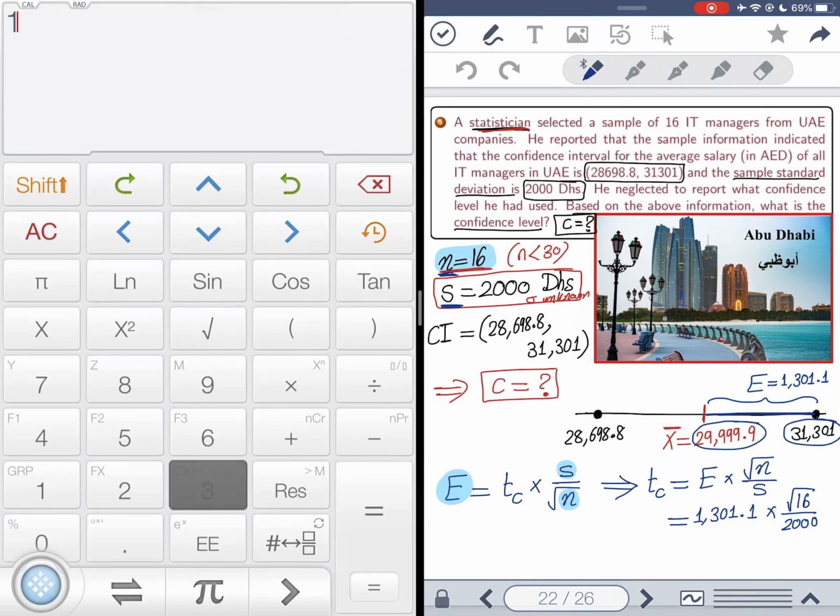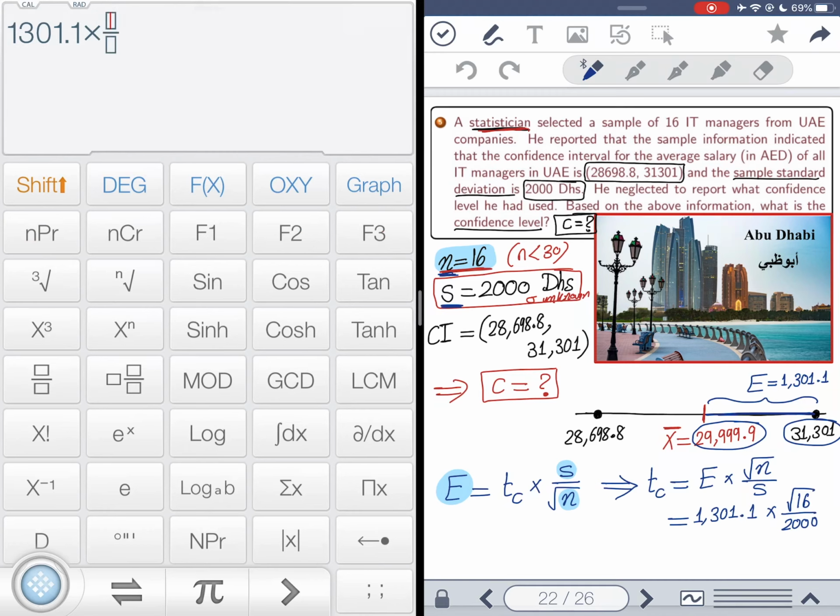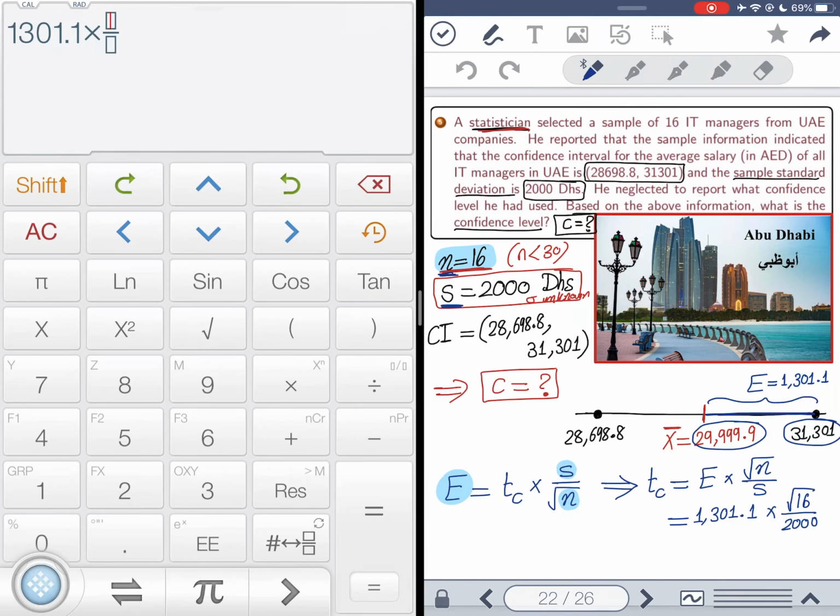So it's 1,301.1 times, and then fraction, radical 16, even though I know it's 4, but I want you to see the formula, because if it was not a number that has a whole integer radical, then you would put the radical. It's over 2,000 equals 2.6022. Okay, good. This is our t sub c.